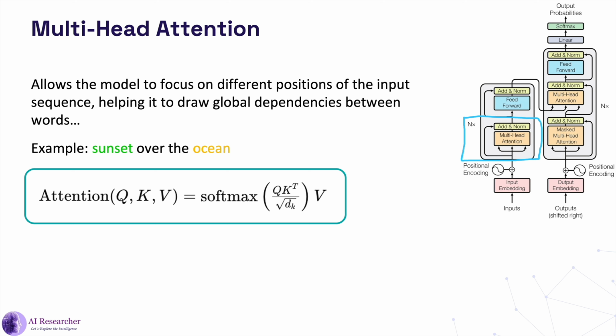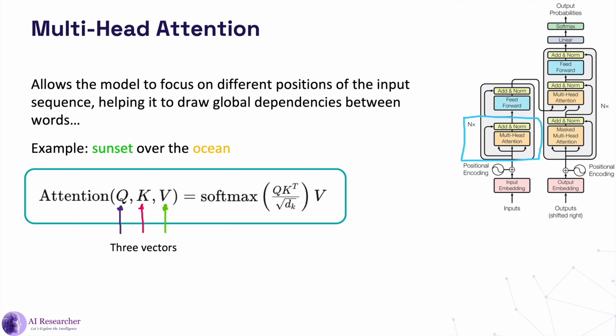So let's get into some mathematical foundation. Here you see the attention equation. This formula is for calculating attention weights. It computes how much attention to pay to each word when considering another word. Q, K and V represent query, key and value vectors respectively, and each word in the sentence is mapped to these three vectors.